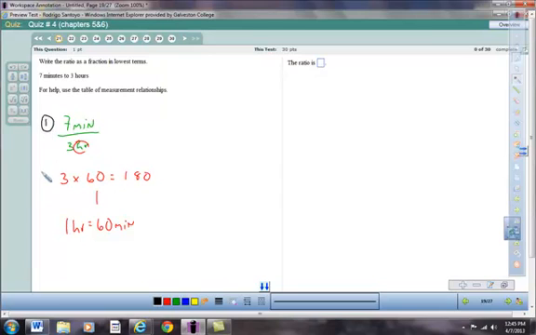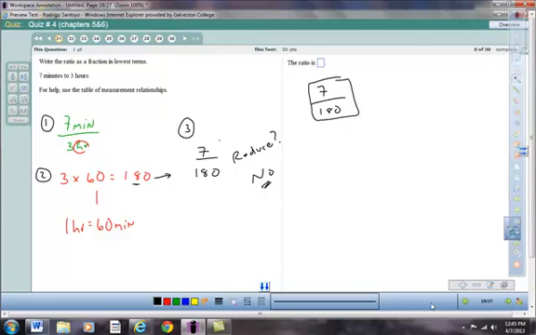So now we could just write 7 over 180. Let's see if it reduces. Does it? No. So our answer is just 7 over 180.